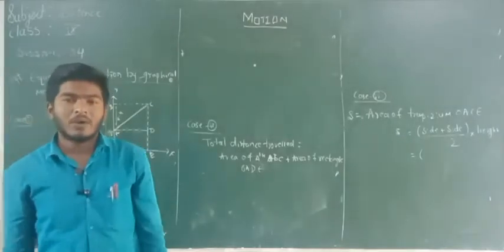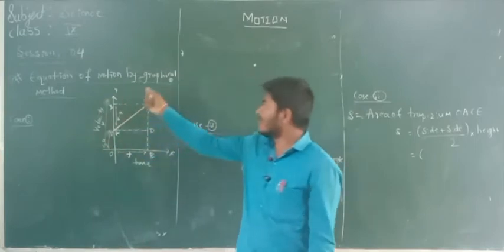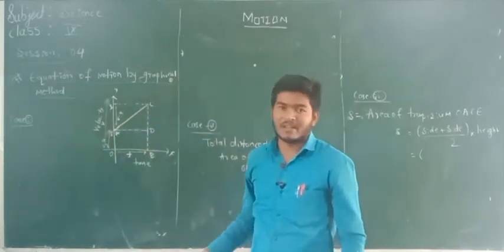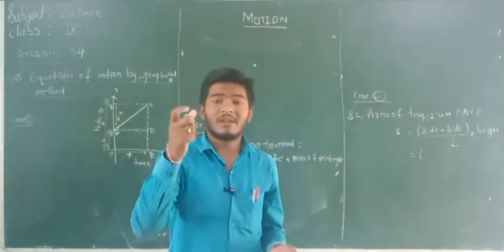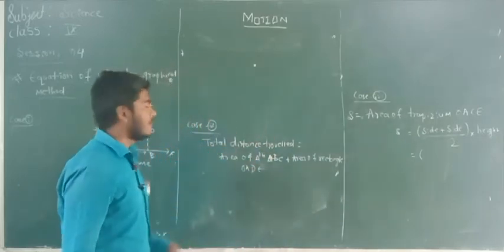Okay, now we are going to derive the equations of motion by the graphical method. See how we are going to find the equations of motion by a graphical method.